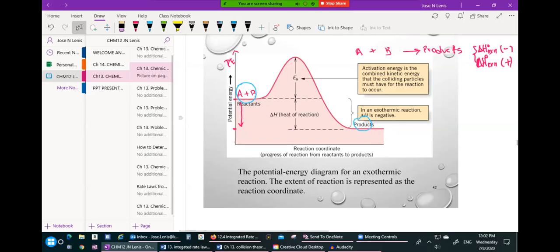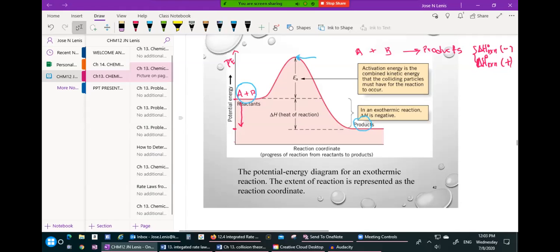That hill represents an increase in the potential energy of the system. So that means A and B need to reach that hill. And that hill is what we call the transition state.